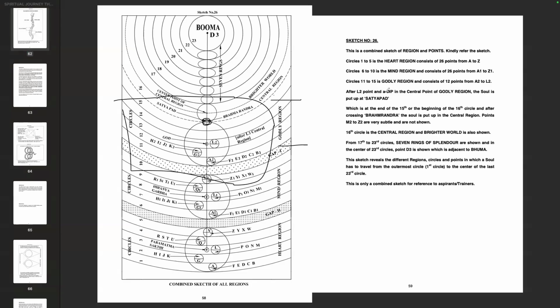So after the L2 point, don't go by the central world and godly region. Don't get confused with all these ABCDs. Maybe we'll do a separate session to explain these circles and all the points which are described here.